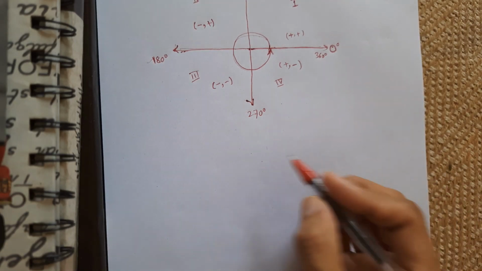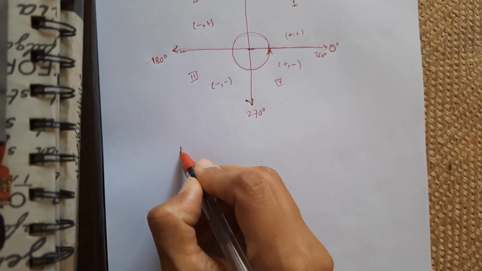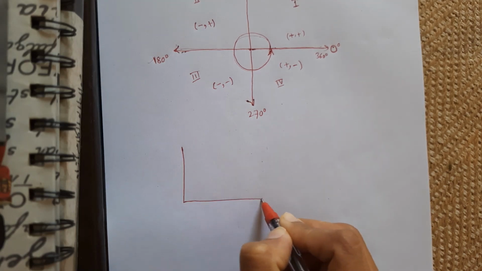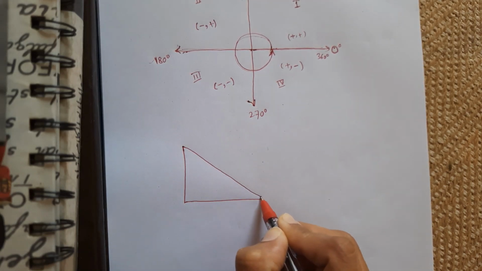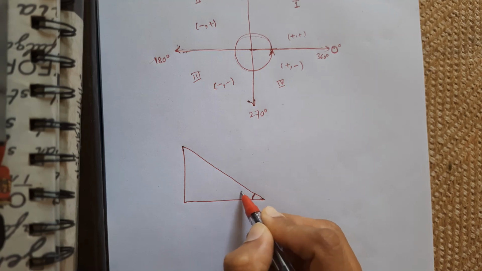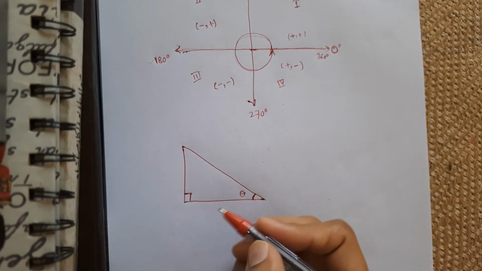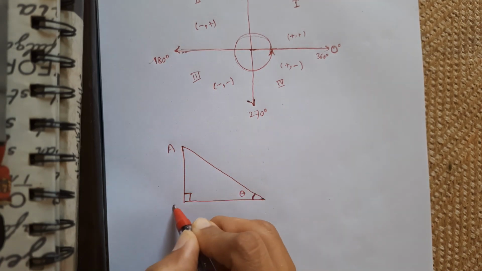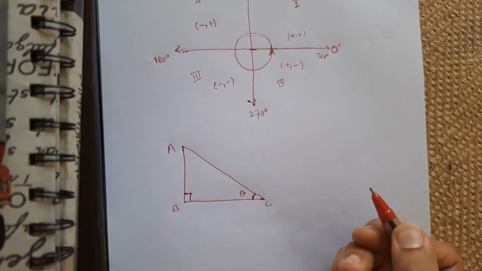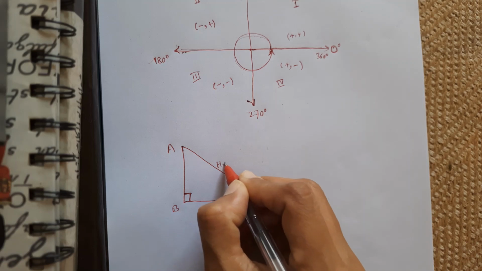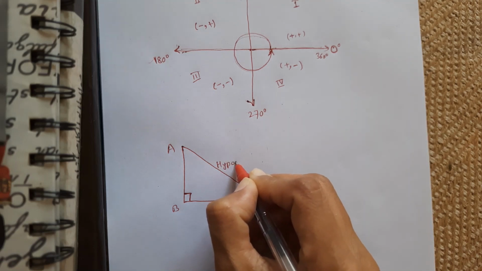Now I'm showing you the basic definitions of trigonometry that we already know. If this is the angle theta and this is the right angle triangle ABC, this is called the hypotenuse of the triangle.